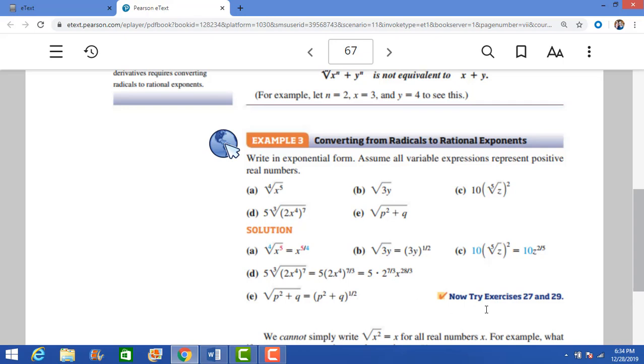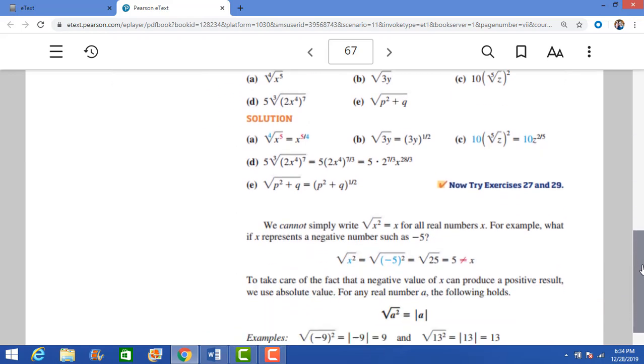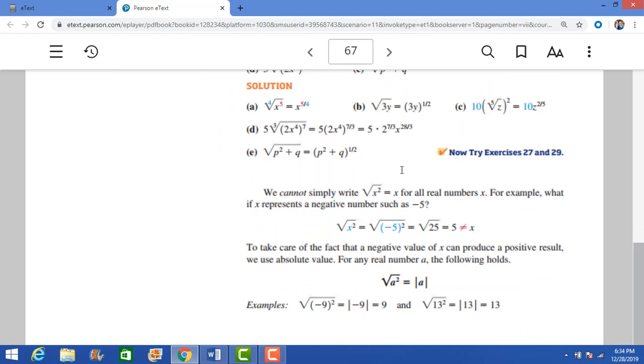So again, make sure you do these exercises for more practice. Let me know if you have any questions or if you get stuck, and we can work it out in class. Now, again, we can't simplify this expression to x for all real numbers x. Be careful, because in this case x may represent -5.